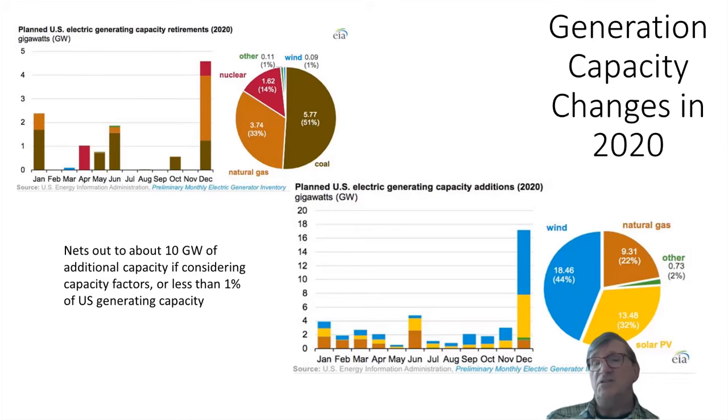If you consider capacity factors, net gain in generating capacity is about 10 gigawatts, which is less than 1% of the U.S. generating capacity. So if demand grows more than 1%, we're in deep trouble, and I think it's going to be growing a lot faster than 1%.